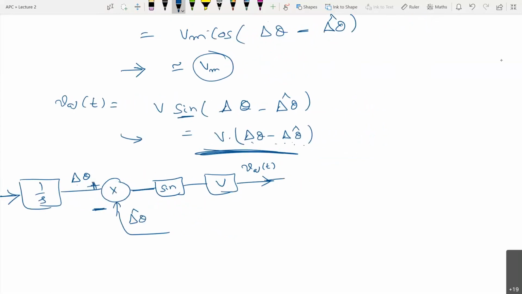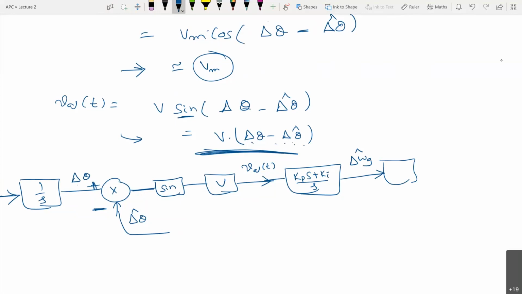So this VQ of t component, we give to a PI controller, right? This PI controller is in this form, Kp plus Ki by S, and this gives you the delta omega g dash, right?